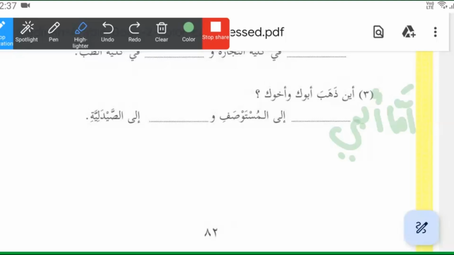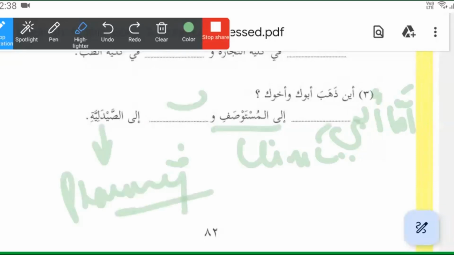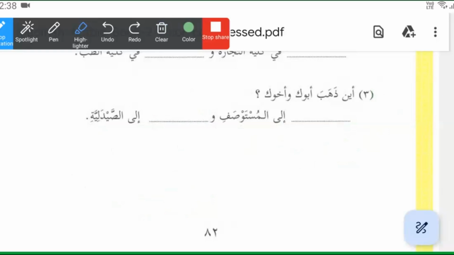Wa akhi, وأما أخي فهو يذهب إلى المستشفى, fayazhabu ila saydaliyati, فهو يذهب إلى صيدلية. مستوصف means clinic and صيدلية means pharmacy. Just we have to put فيذهب for both. فيذهب إلى الصيدلية، فيذهب إلى المستوصف.